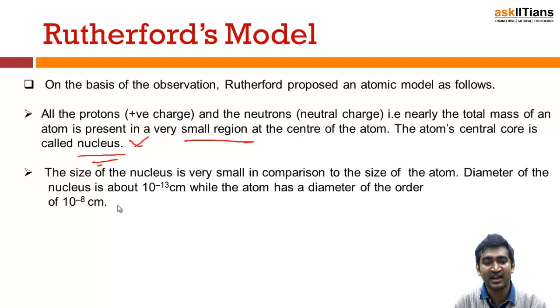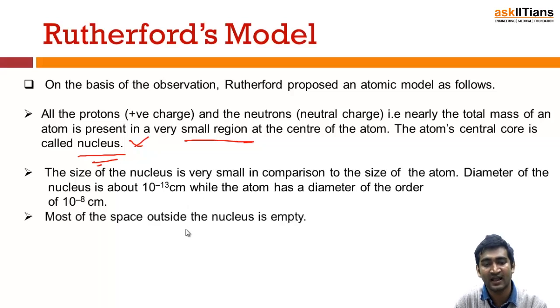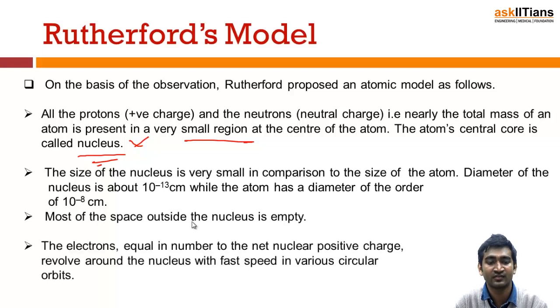The diameter of the nucleus is about 10^-13 cm, while the atom is 10^-8 cm. So there is a difference of order 10^5. Most of the space outside the nucleus is empty. And electrons, which are equal in number to the protons, revolve around the nucleus at fast speed in, say, circular orbits.